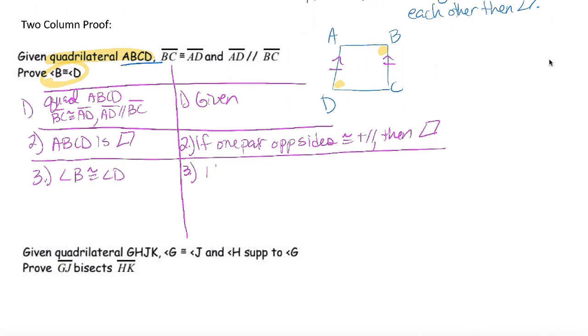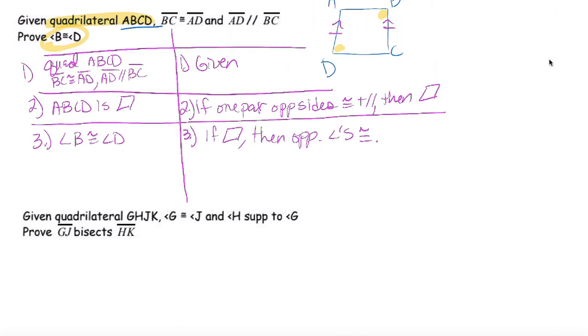And I'm going to say, if parallelogram, then opposite angles congruent. So that was the property of parallelograms that we were using. So that's a pretty basic proof there. We were able to use a reason to prove we had a parallelogram, as well as using the parallelogram properties to say more information about it.